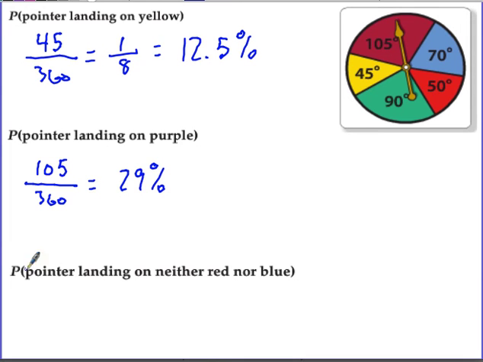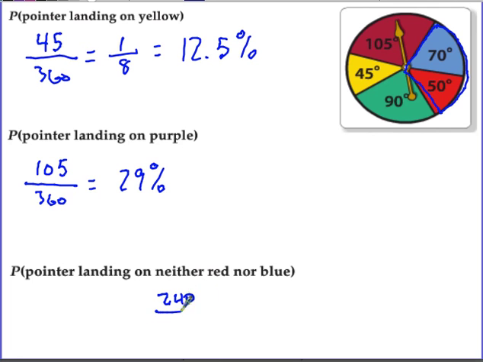All right, and then this one's worded a little differently. So the probability of the pointer landing on neither red nor blue. So it's not going to land on these two. It can land anywhere else. So what do we have to do? Have to add all these up, right? So 105 plus 90 is 195. Plus 45 would be 240.